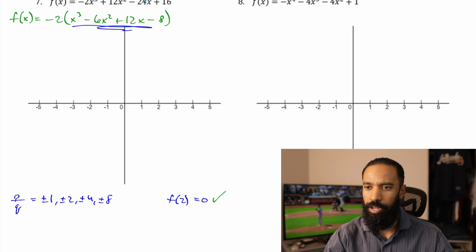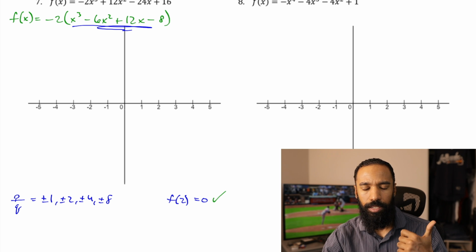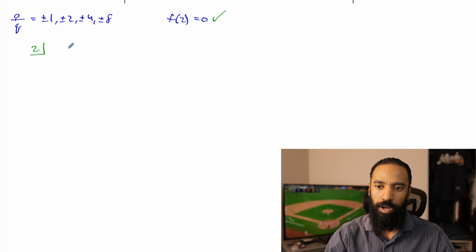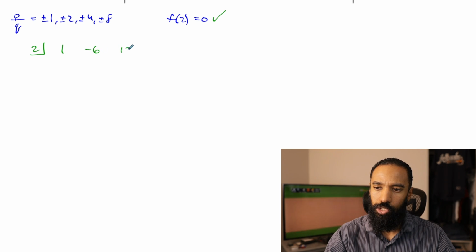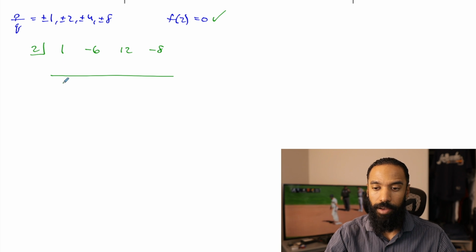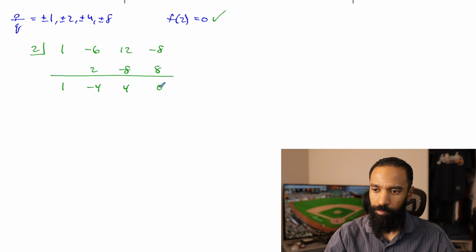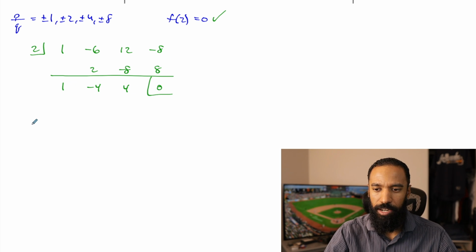So synthetic division on that guy, 1, -6, 12, -8. Good news is after this we'll have a quadratic. So 1, -4, 4. We've seen that before. And 0. Remember, this was x squared minus 4x plus 4.